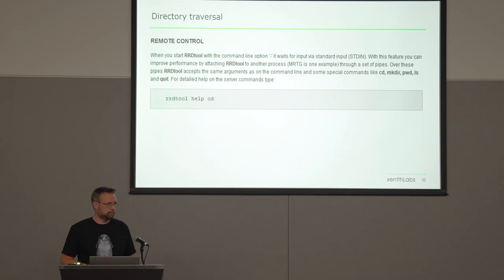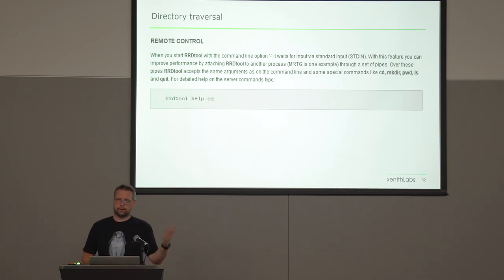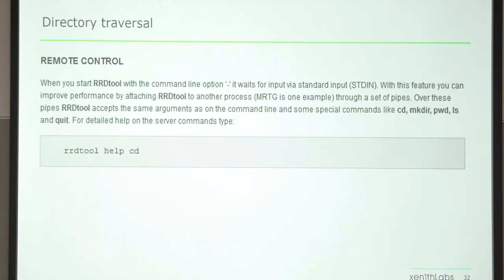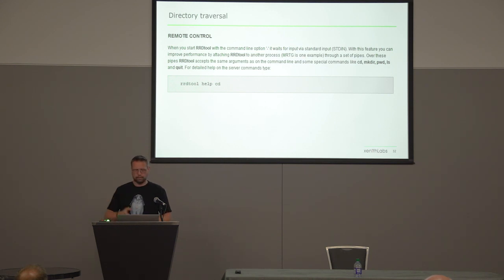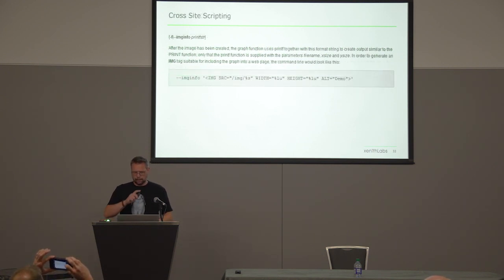Directory traversal: essentially, because it supports cd, you can just do cd to /etc as one of the functions. And we can stack functions, so you can have multiple functions just separated by new lines. So we can combine multiple of these. Cross-site scripting: we can do -f for --imginfo, give it a string.